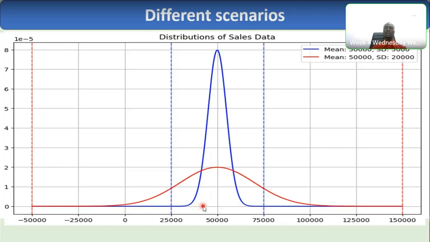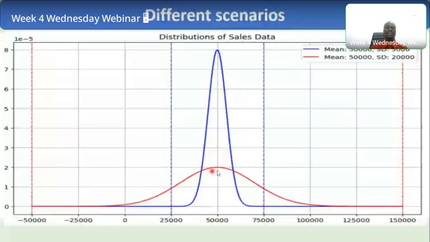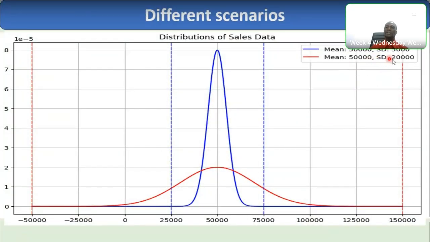Now, let us look at the red plots, which represent the population with standard deviation of 20,000. You can see that this is spread out, which means that if you look here, this is 100,000. Even in this place, we have some chance of having customers who are willing to pay 100,000.